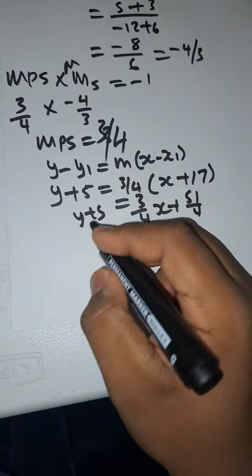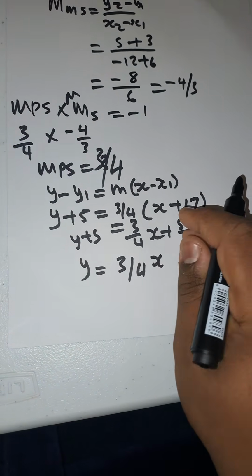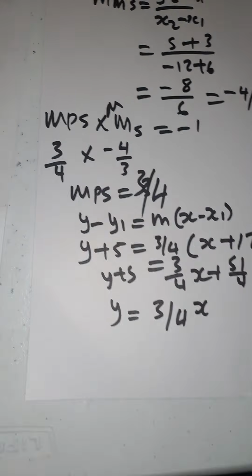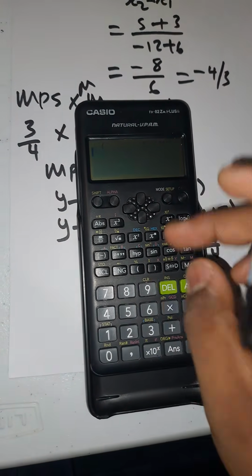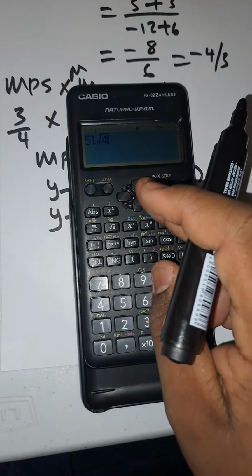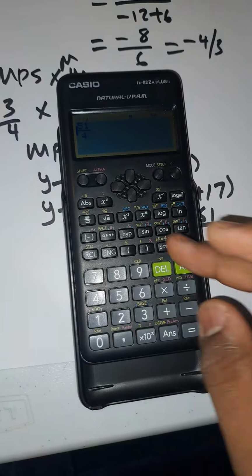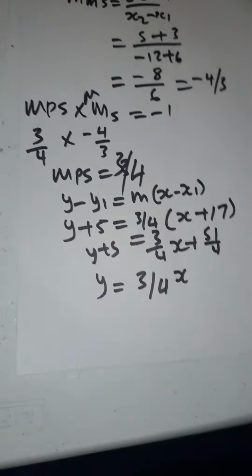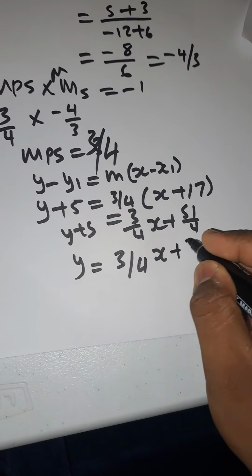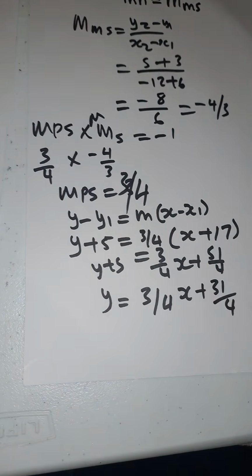Then when I simplify, y equals 3 over 4 x, and then 51 over 4 minus 5, which is 31 over 4. So plus 31 over 4. You see, that's how you do it, guys.